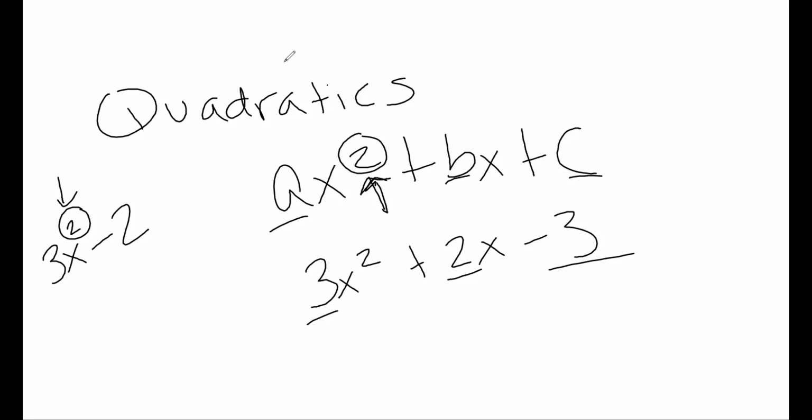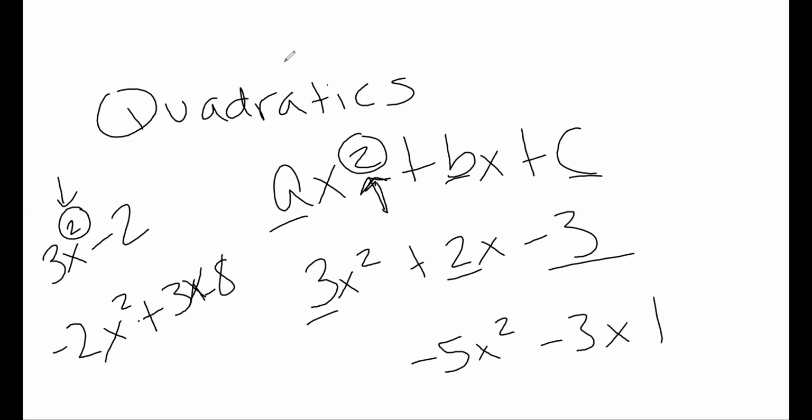You could have -2x squared plus 3x minus 8. That would be a quadratic. I'm just coming up with random numbers. -5x squared minus 3x plus 2, that's a quadratic. But you know it's a quadratic because they all have that squared in there.